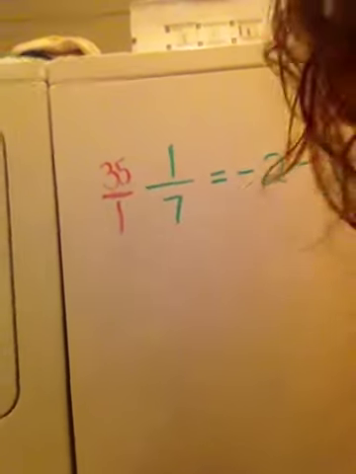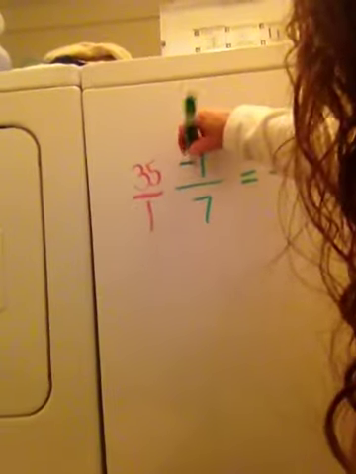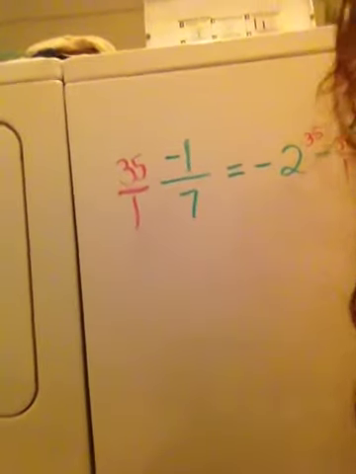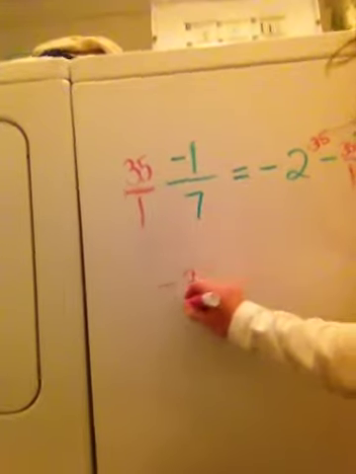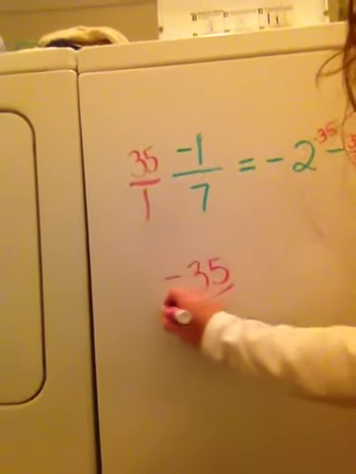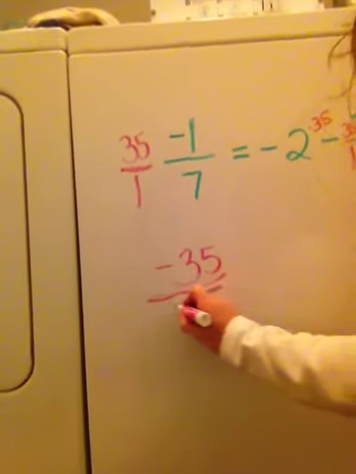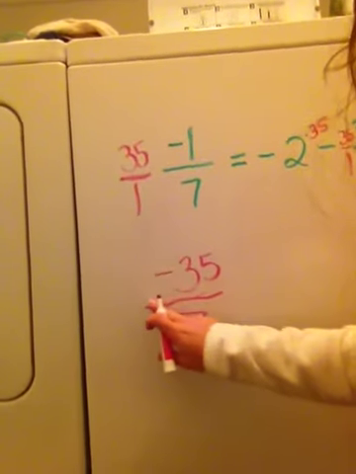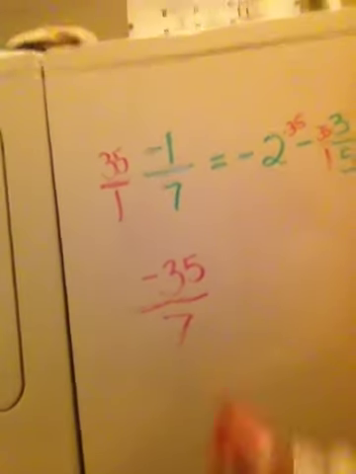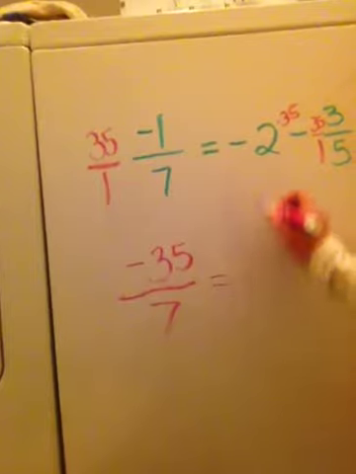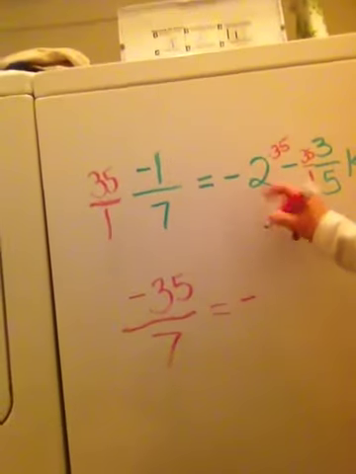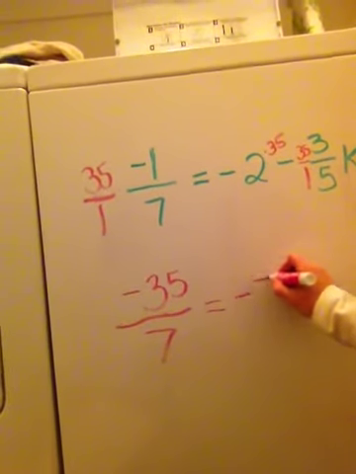This was a negative 1. So when we multiply that, we get negative 35 over 7, crazy sign, equals negative 2 times 35 is 70.